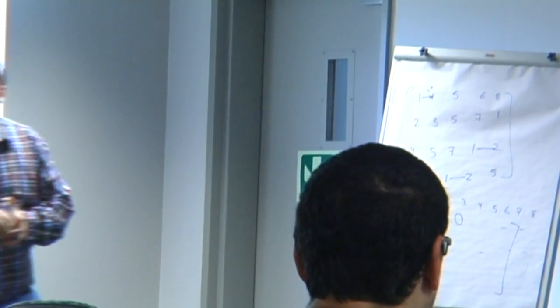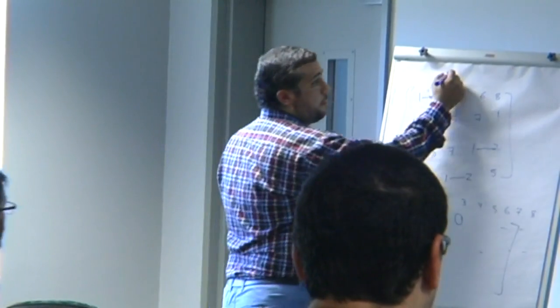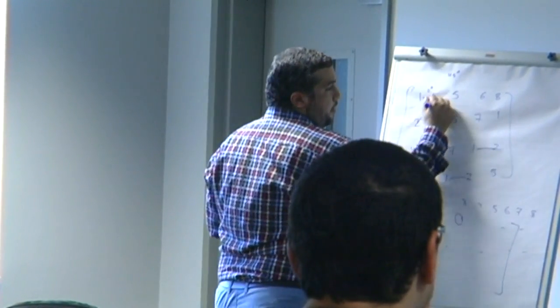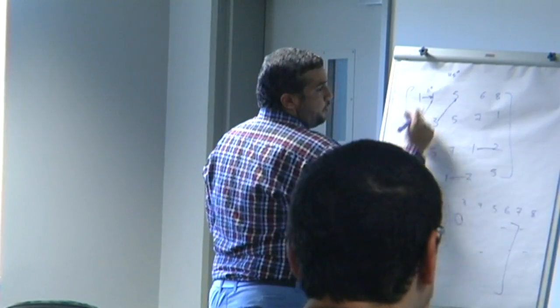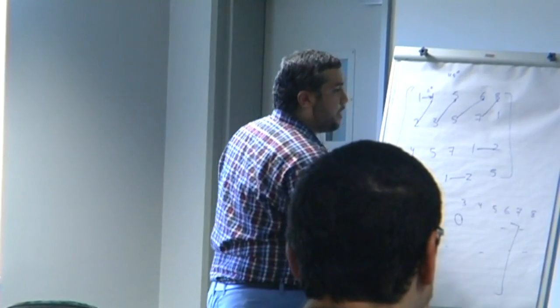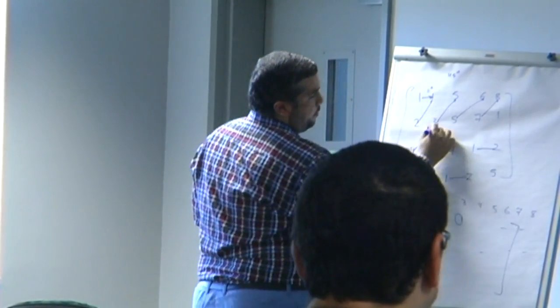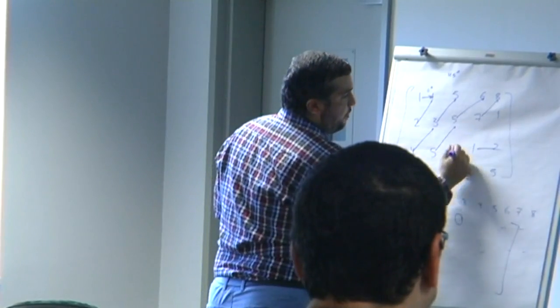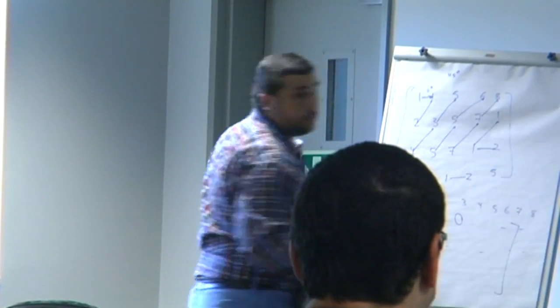For example, if we take the 45, what it means is you take 2 to 1, 3 to 5, 5 to 6, 7 to 8, 4 to 3, 5 to 5, 7 to 7, 1 to 1.